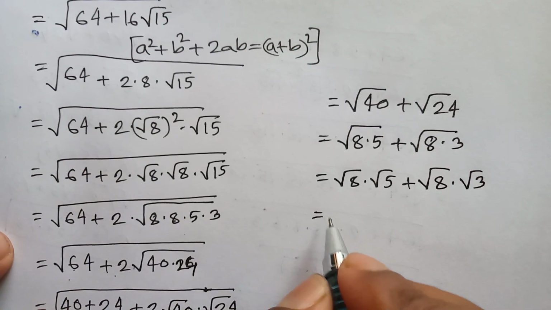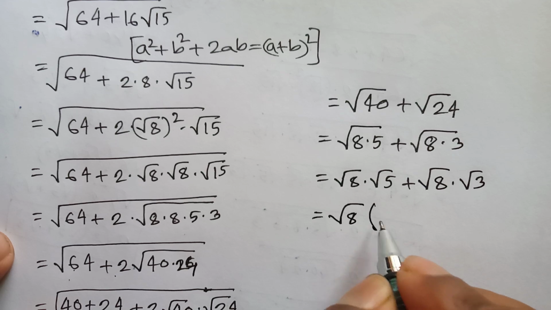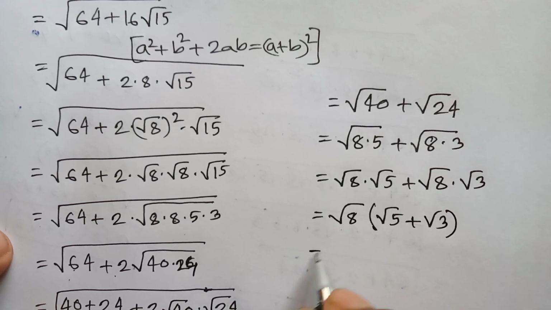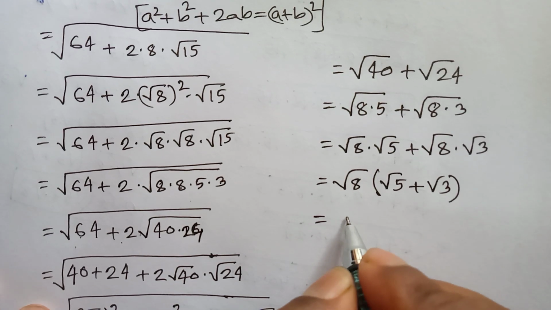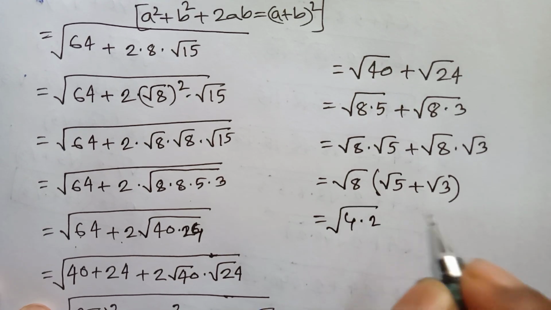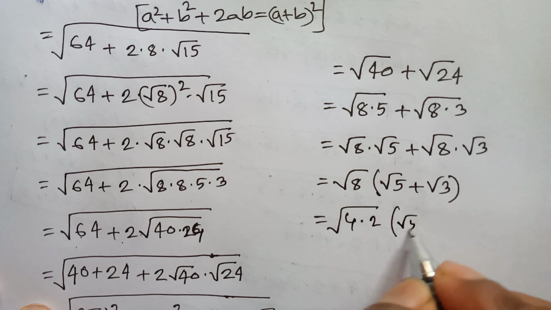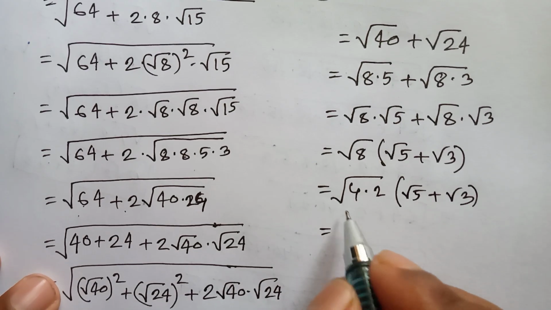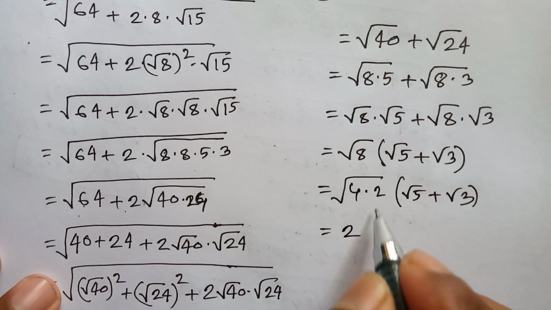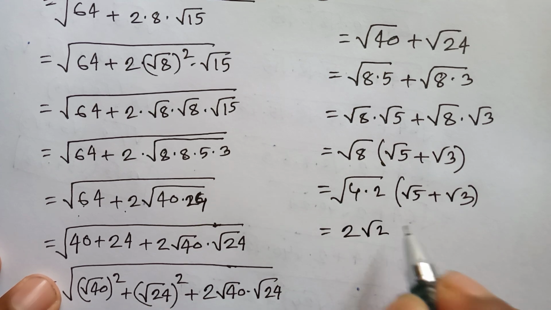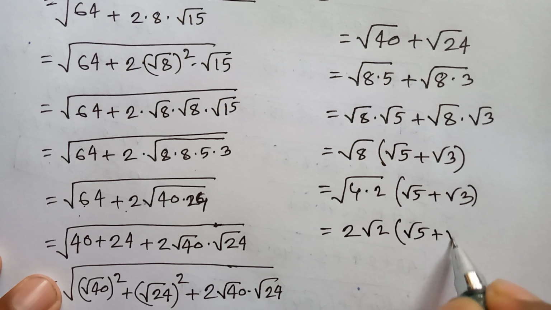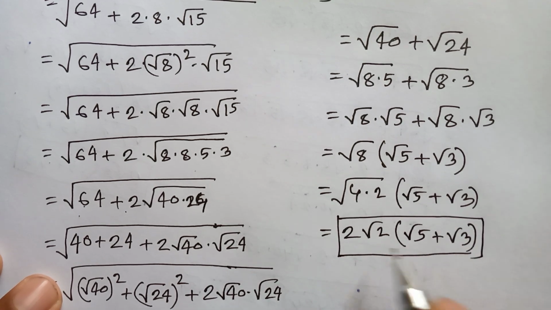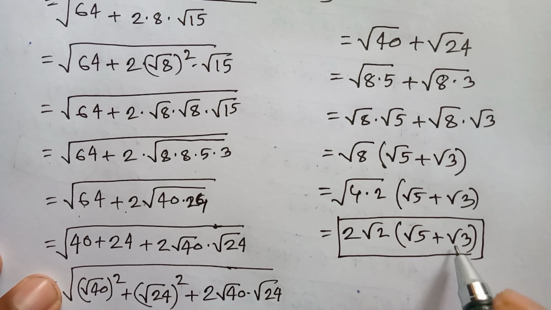Now taking common root 8, we will get root 8 times (root 5 plus root 3), and this root 8 can be written as root 4 times root 2. Now finally, root 4 is 2, so 2 root 2 times (root 5 plus root 3), and this is the value of this equation: 2 root 2 times (root 5 plus root 3).